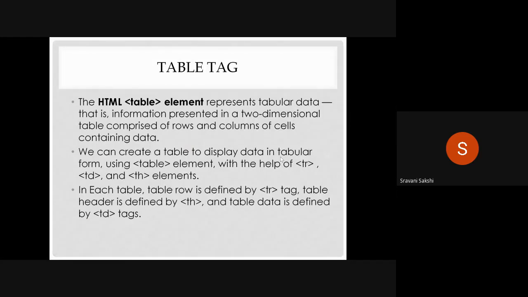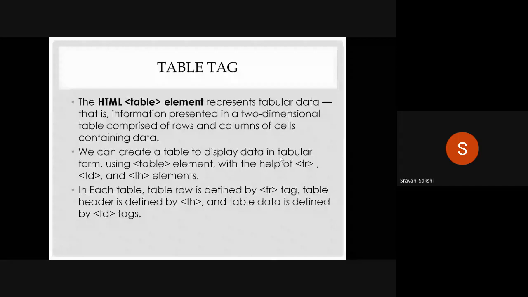Next, table tag. So this is used to define the tabular section or the two-dimensional representation of the data in the form of rows and columns. So we have the table data in the form of rows and columns. So that data in the rows and columns is defined using the HTML table element or table tag.